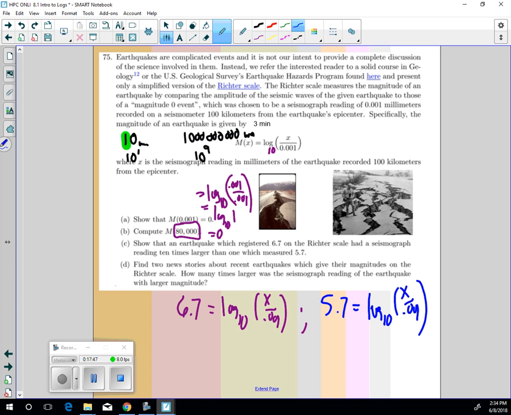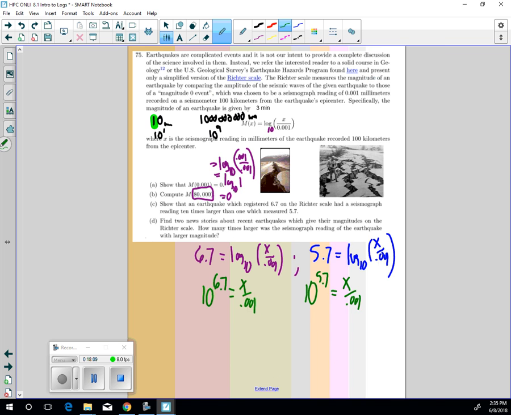Okay, so again, whenever you're stuck, change it to form. This is log form, change it to exponent. 10 to the 6.7 equals x over 0.001. This is 10 to the 5.7 equals x over 0.001. So how do these differ from each other?